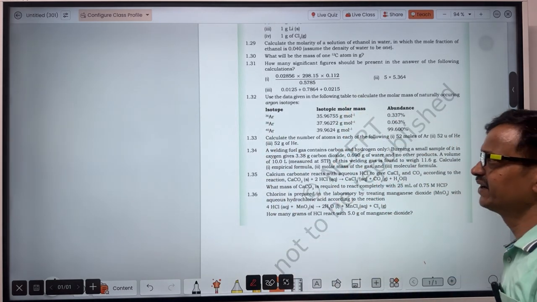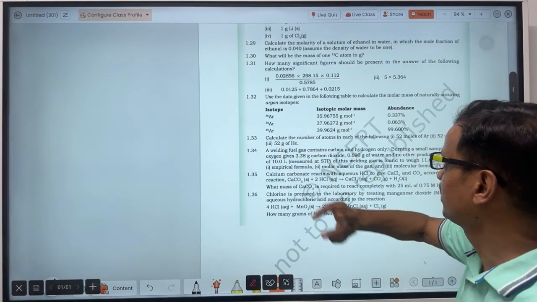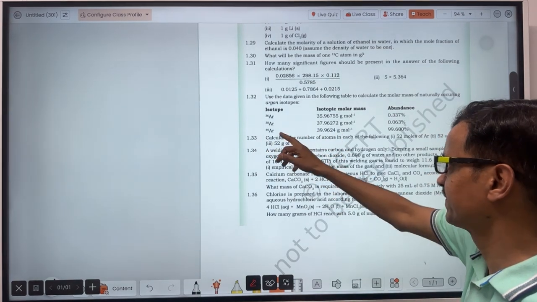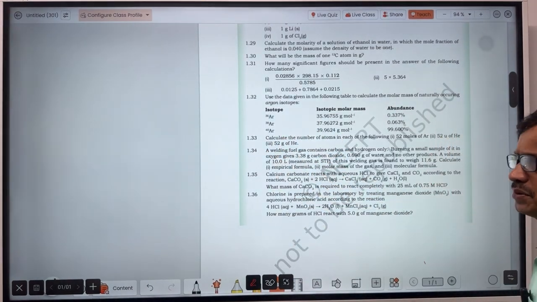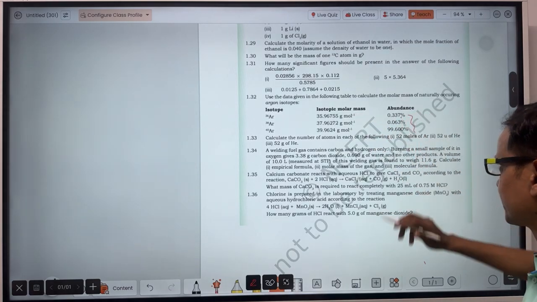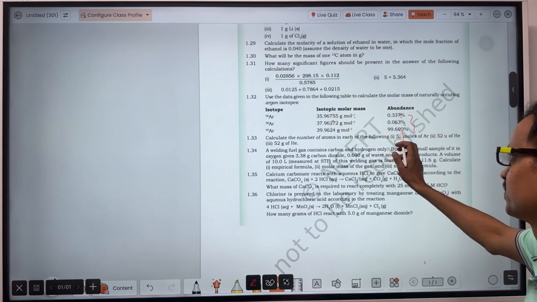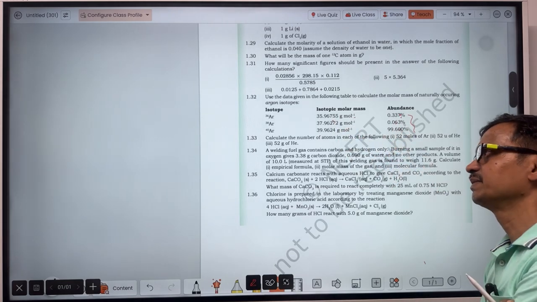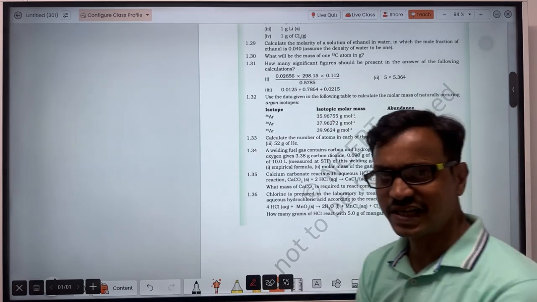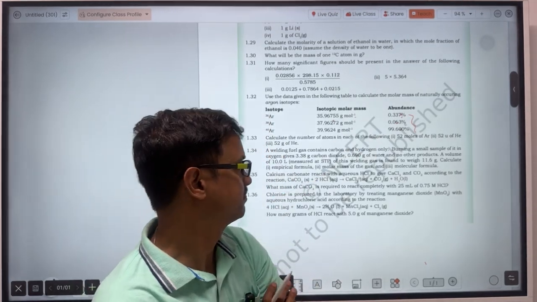In the same way, the relative atomic mass of argon 38 is this much, and likewise for argon 40. So how to do that? This into this, plus this into this, plus this into this, upon 100, since the percentages add up to 100. That will be the average atomic weight of argon. This type of question we have already discussed, so I am not discussing it again.